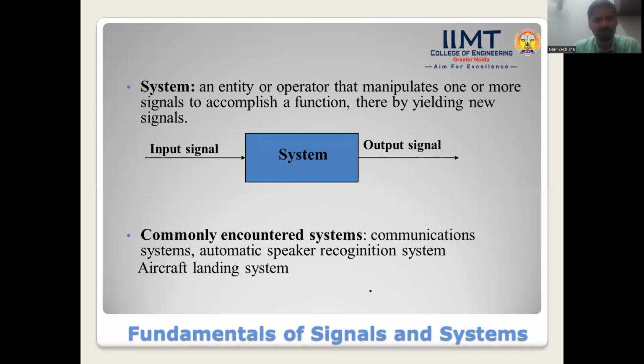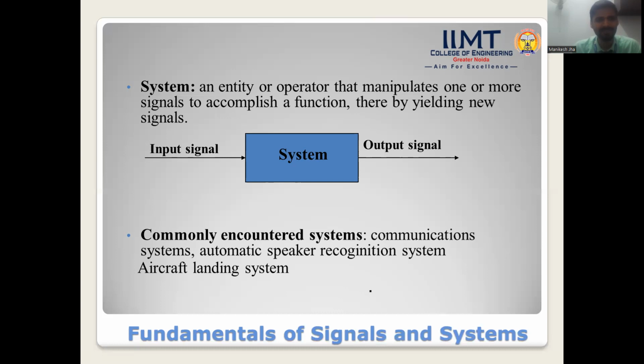Next one, system. What is a system? A system is an entity or operator that manipulates one or more signals to accomplish a function. It means a system takes one or more input signals, performs some operations on them, and gives you some output. For the desired output, we establish a system, so a system is user defined.